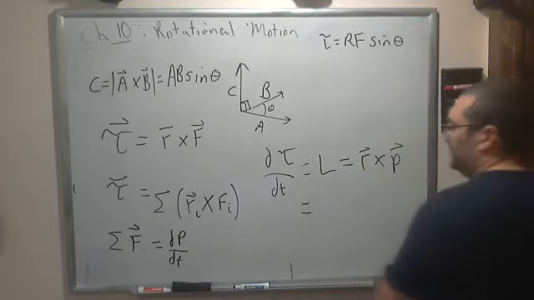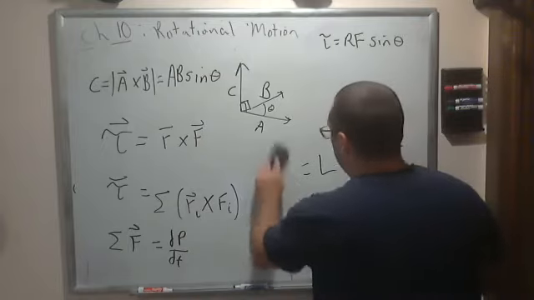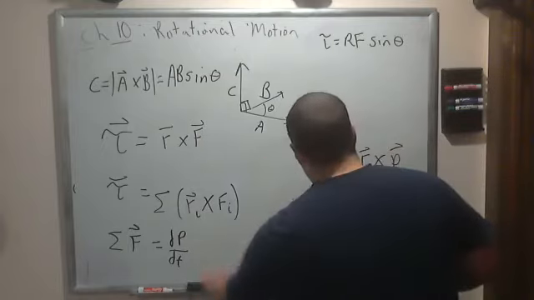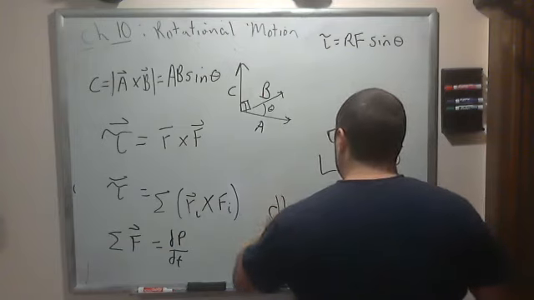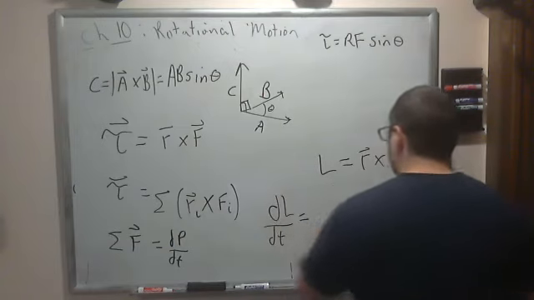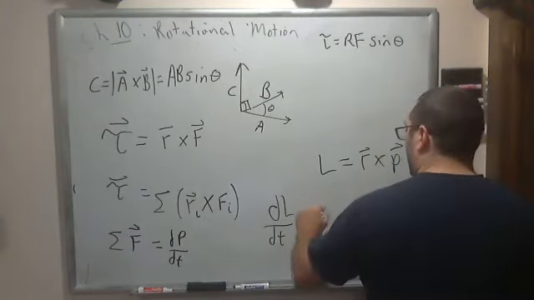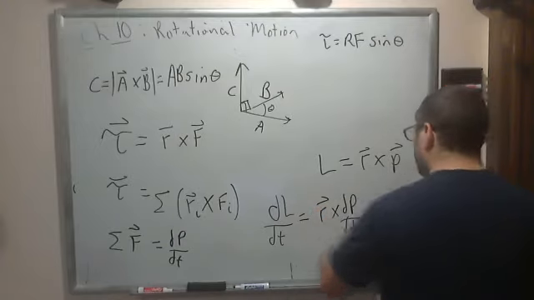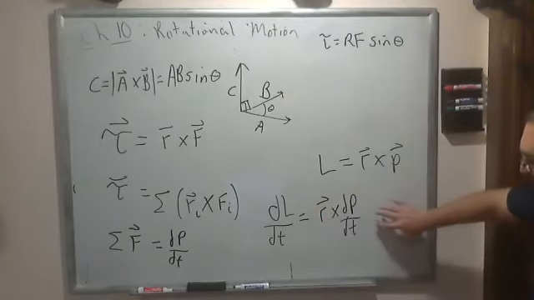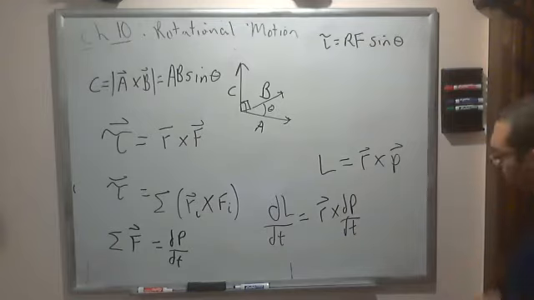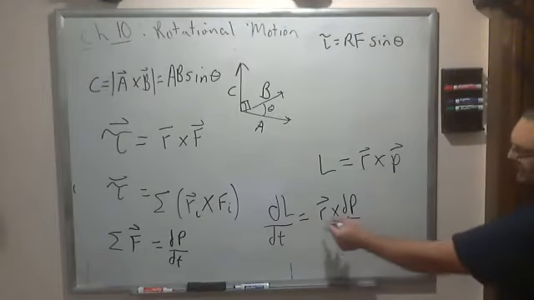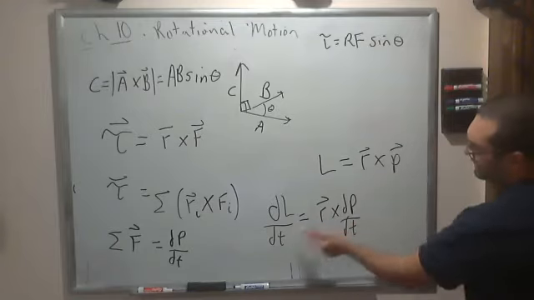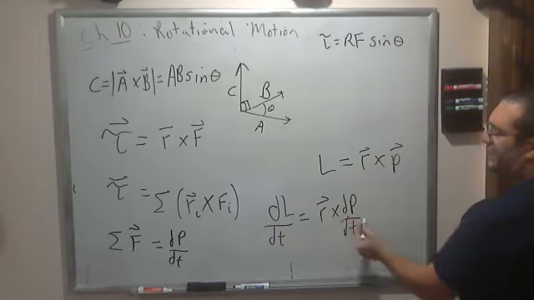So now, that's not correct. I did not write that right. It's dL/dt is equal to r cross dp/dt. Sorry for those last few mistakes. I usually don't do it. So the change in angular momentum is equal to this.